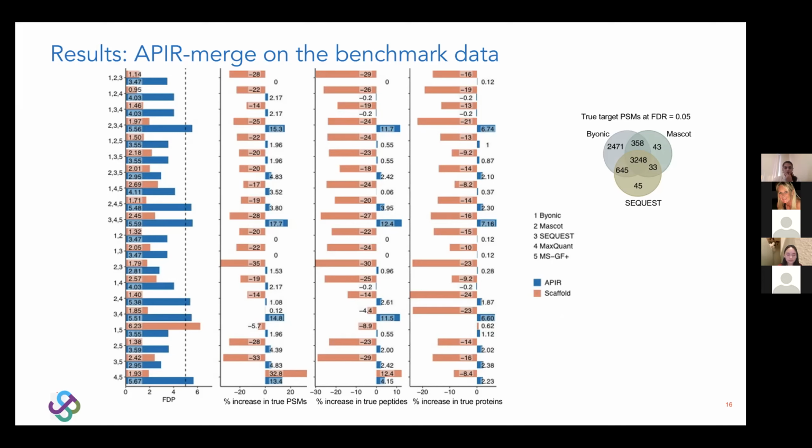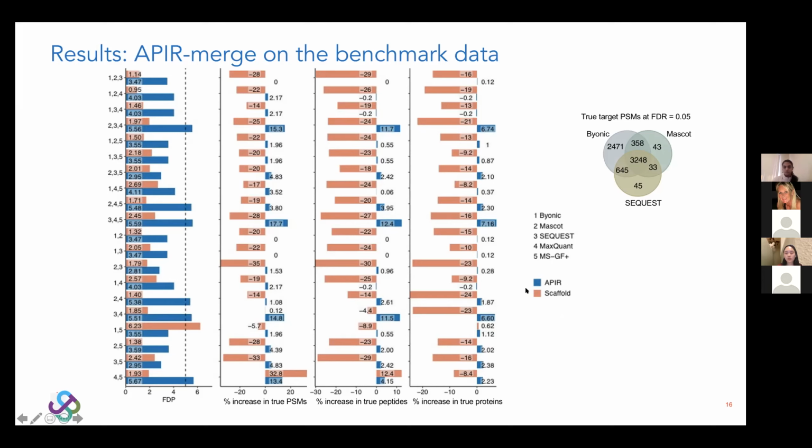The first column is the FDP of each combination. The second column is the percentage increase in true PSMs compared to the most powerful individual search algorithm. And similarly, the increase in true peptides and the increase in true proteins.